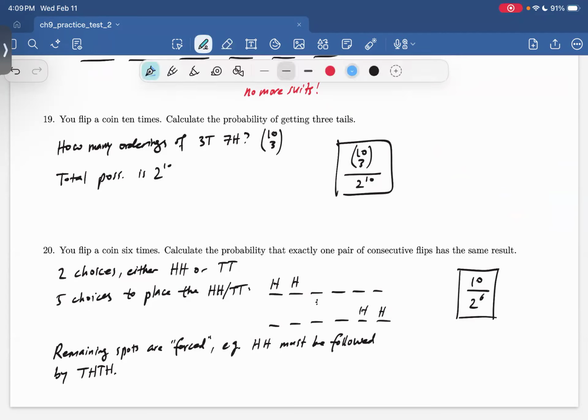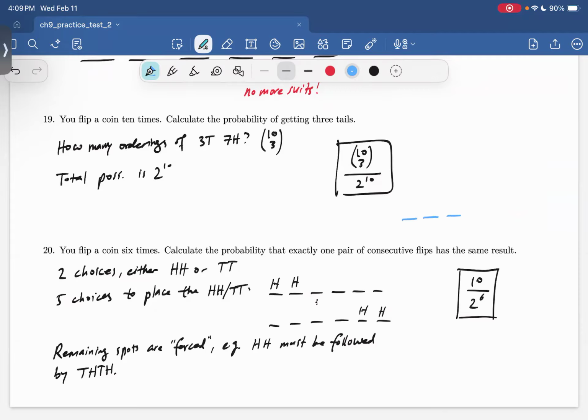Now, the idea behind this problem is that once you've placed the pair, in other words, once you've placed the double H's, all the other flips are restricted, and there's only going to be one possibility for what kind of outcomes they could have.